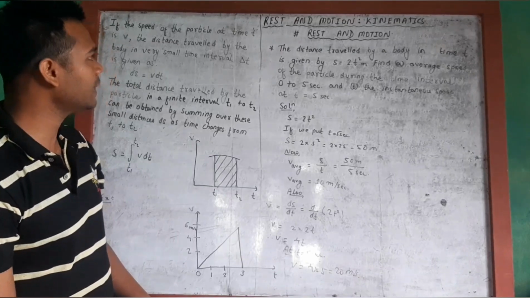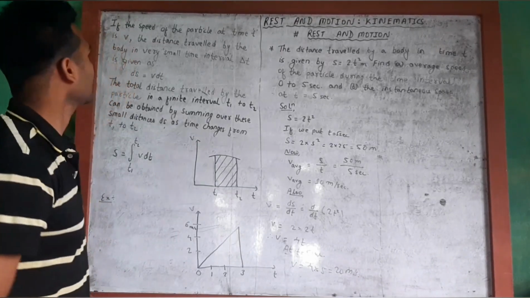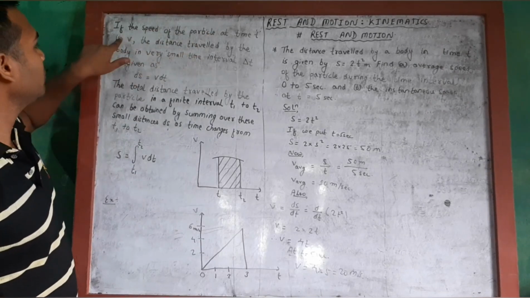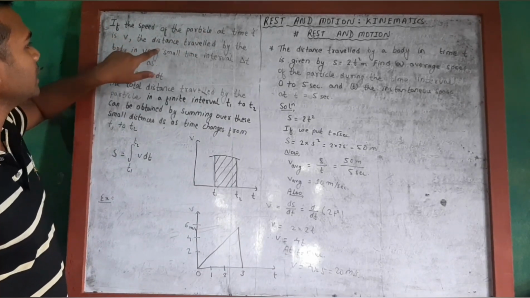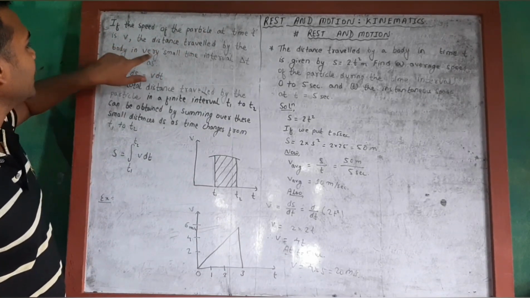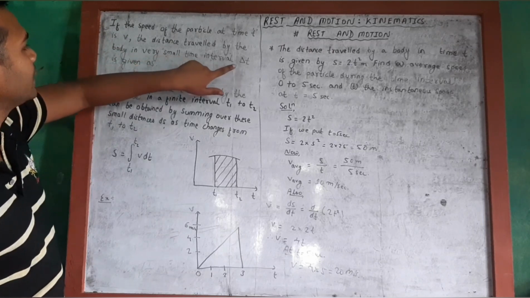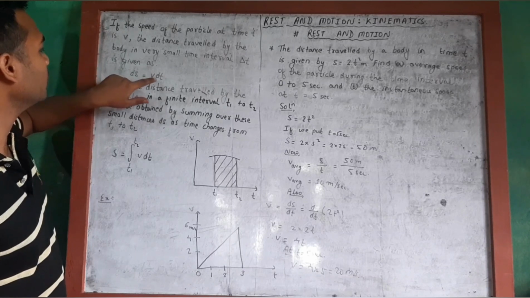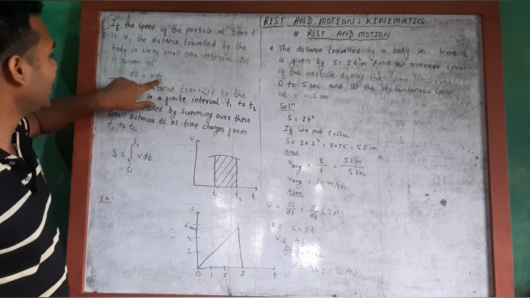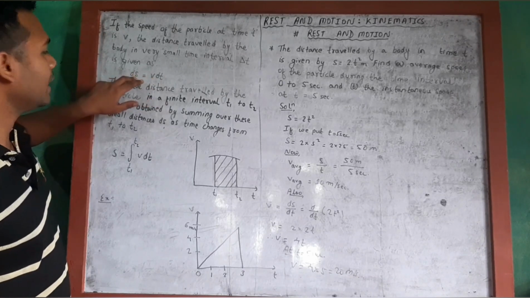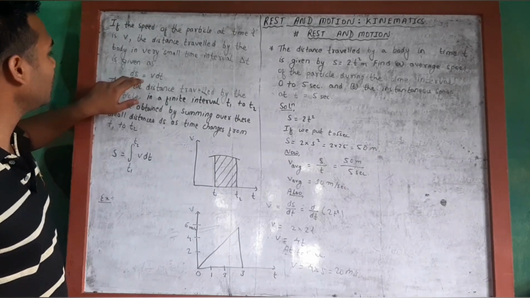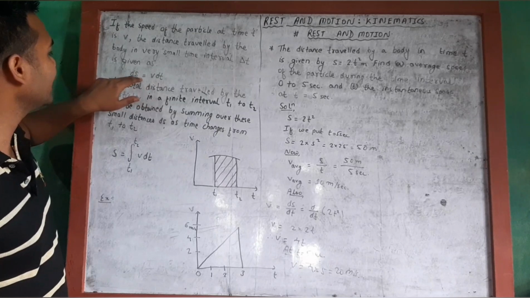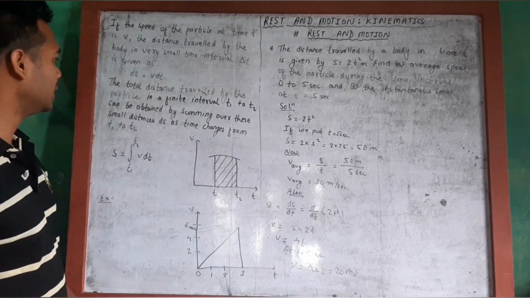Now let's move to the next concept. If the speed of the particle at time t is v, the distance traveled by the body in the very small time interval dt is given as ds is equal to v dt. That means the small distance traveled by the body in small time interval dt will be given by ds is equal to v dt.